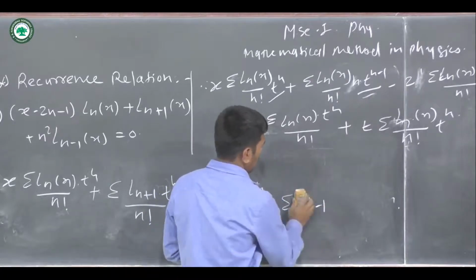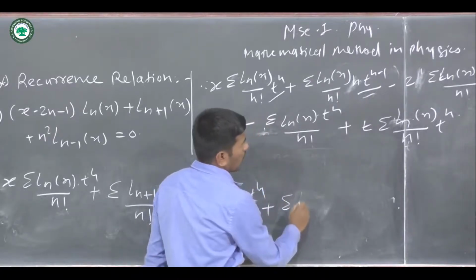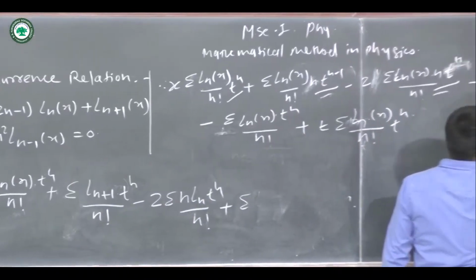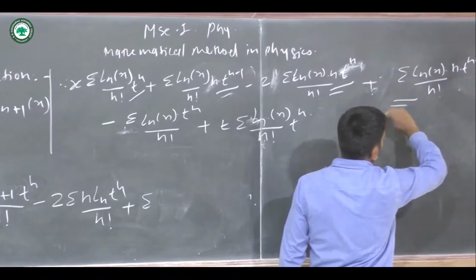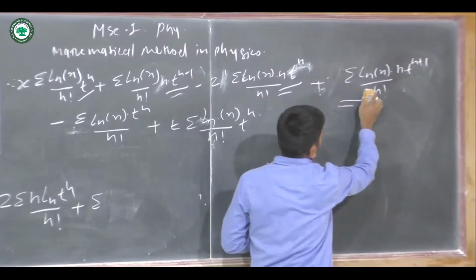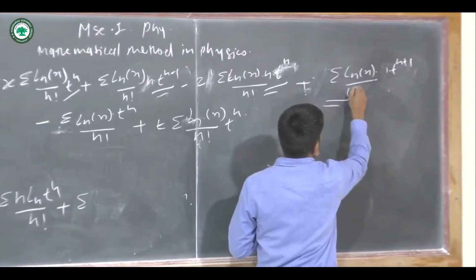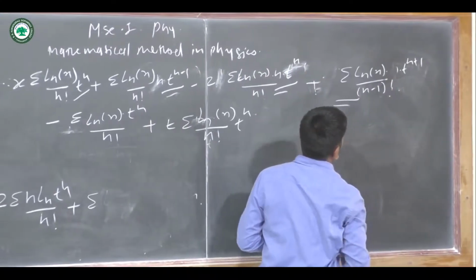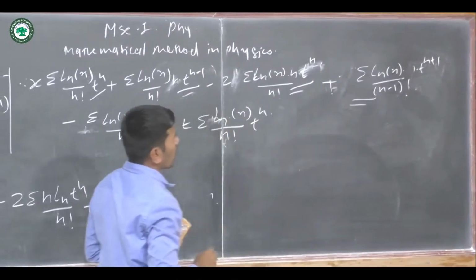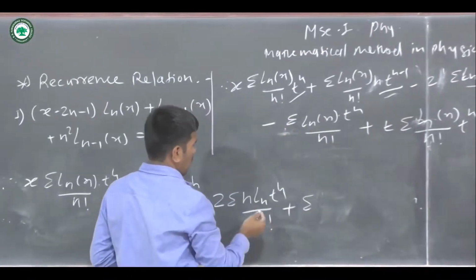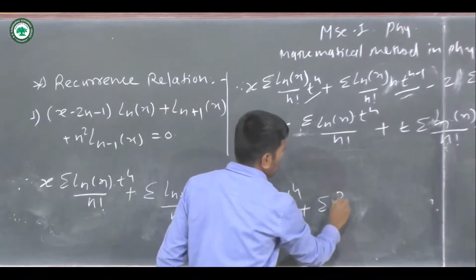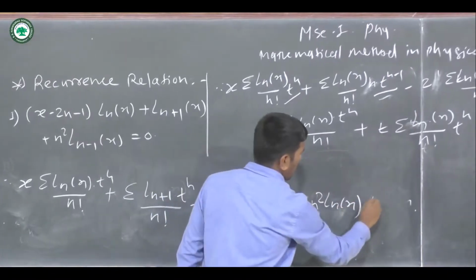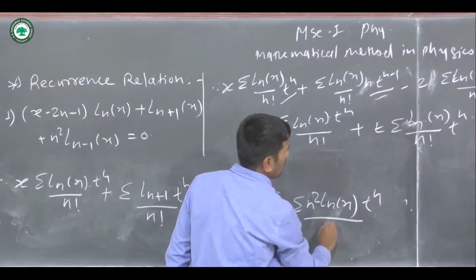Here I write like this. In these summation terms we need t power n only, so for that these expressions we can write like this also, with (n minus 1) factorial. If I put n is equal to n minus 1, it is the summation of n square L_n(x) t^n divided by n!.